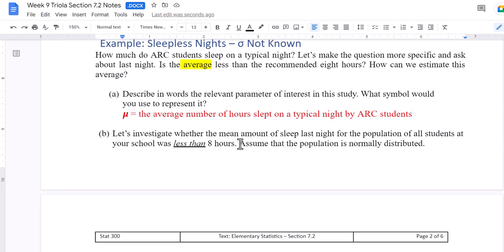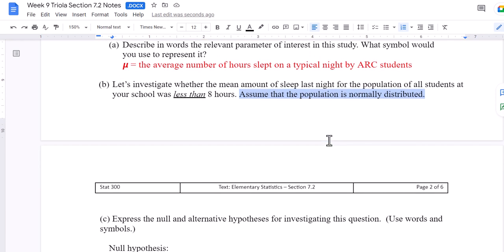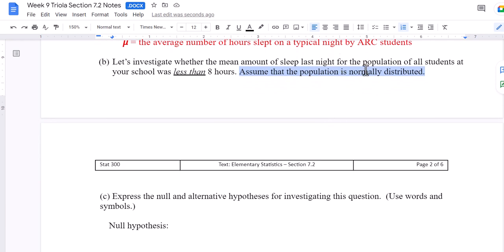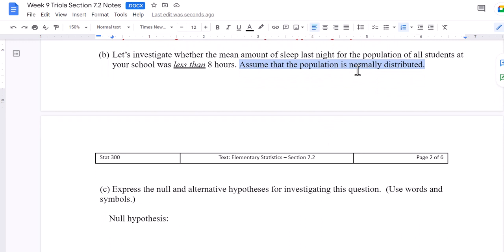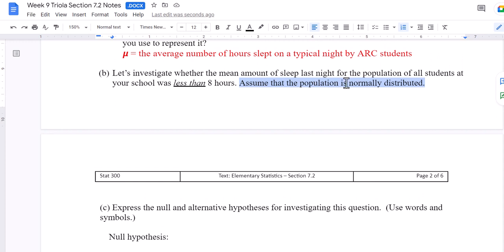And we're going to assume that the population is normally distributed. This is mainly here so that we can use the central limit theorem later, depending on the size of our sample, because if our sample is smaller than 30, we may not be able to use the central limit theorem. So this says, assume our population is normally distributed, which guarantees that we can use the central limit theorem.